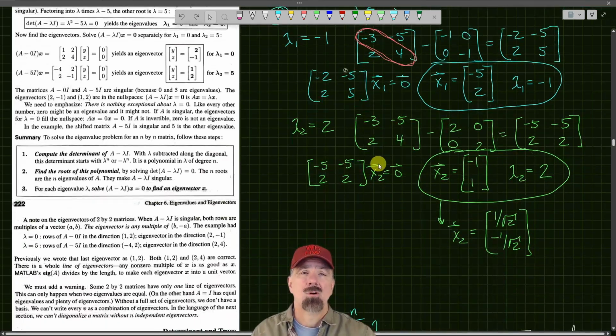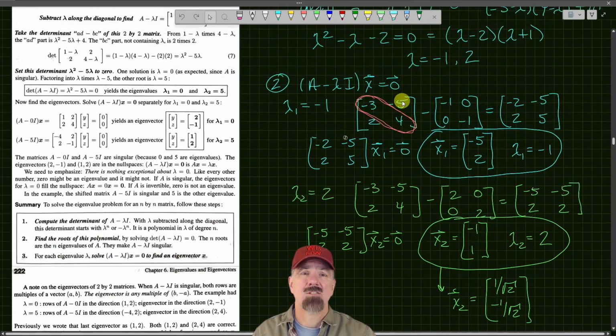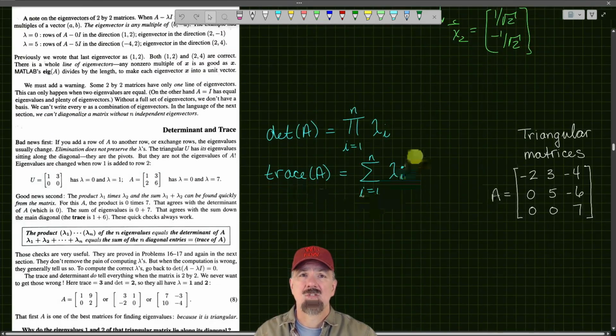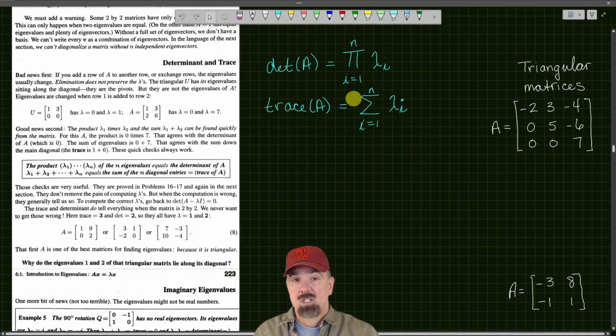That's always going to be true. We can also tell the determinant of this matrix. The determinant of the matrix is the product of these two things, which is -2. And if I take the product here, I have -12 plus 10, which is -2. So the eigenvalues actually give us, through these two equations, some useful information about the matrix itself.